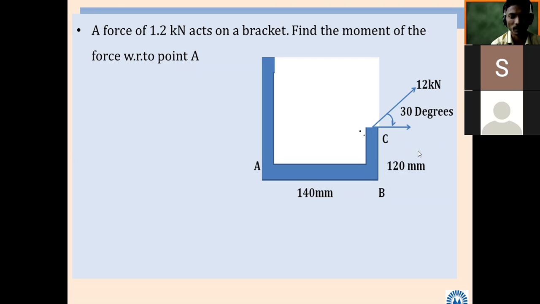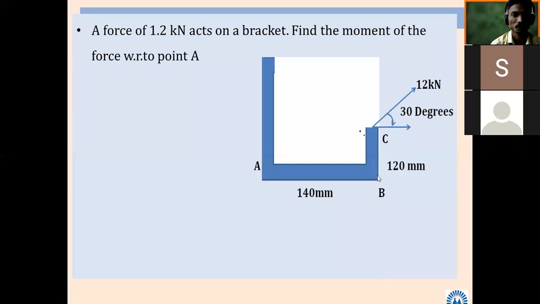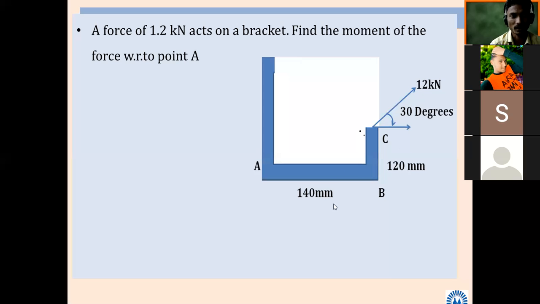What is the change as far as direction is concerned? Here the angle is given, so partial answer is correct. The applied force is an inclined one in this case.